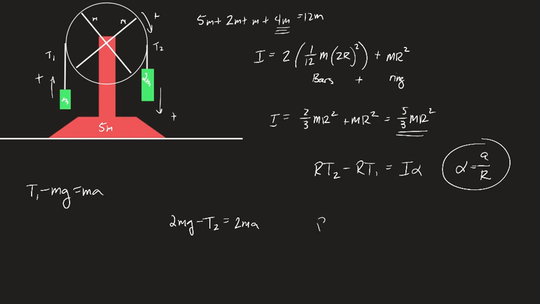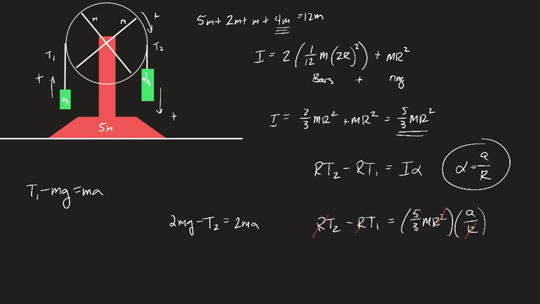And when we do that and plug in our moment of inertia, 5/3 mr squared, all times a over r, the one thing that happens under this circumstance is all the r's cancel.